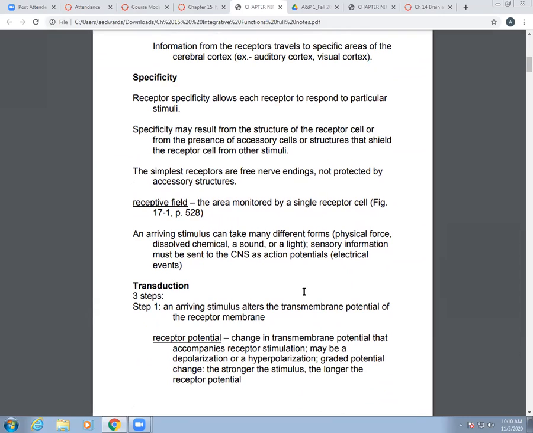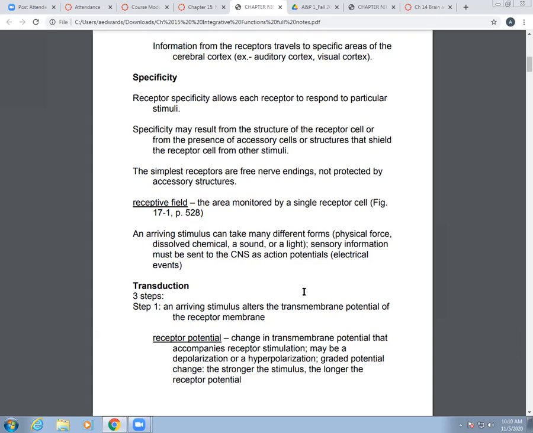So one of the things that makes receptors work is their specificity. Some receptors are very general, others are very specific. Receptor specificity is going to allow the different receptors to respond to a specific stimulus.